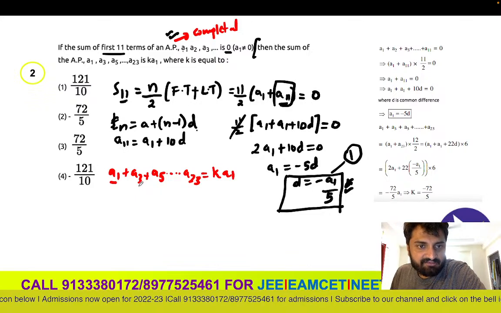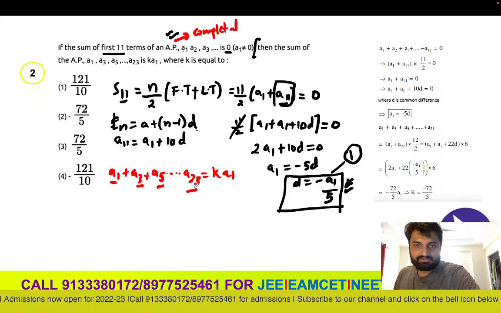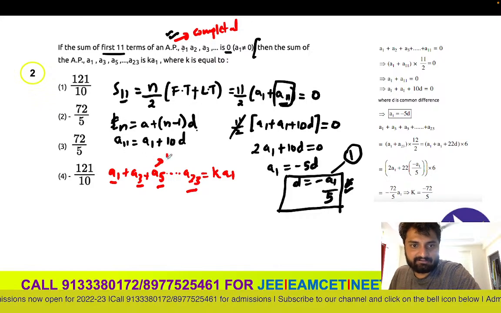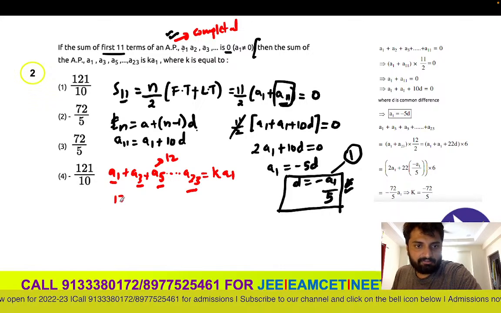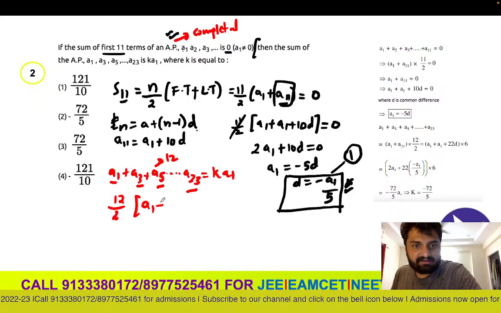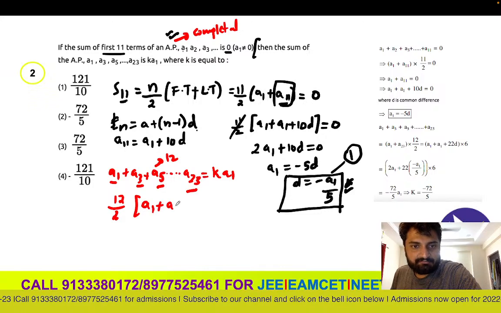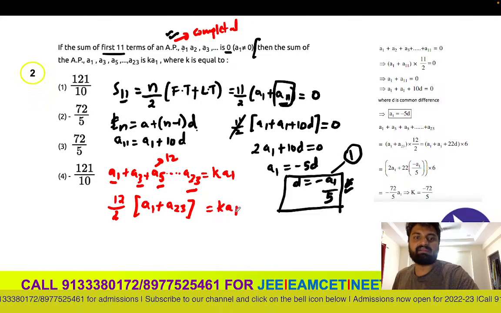Total how many terms? A1, A3, A5, alternate terms till 23, so totally you have 12 terms here. Can I use the same formula? 12 by 2, first term is A1, last term is A23, equal to K times A1.